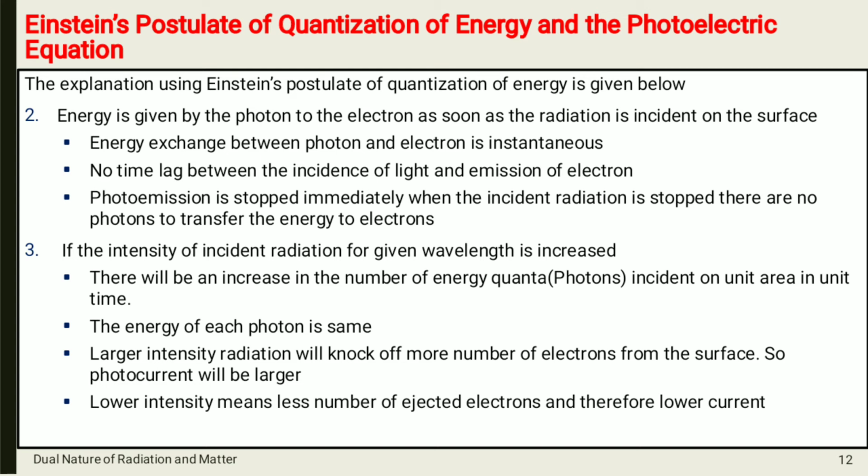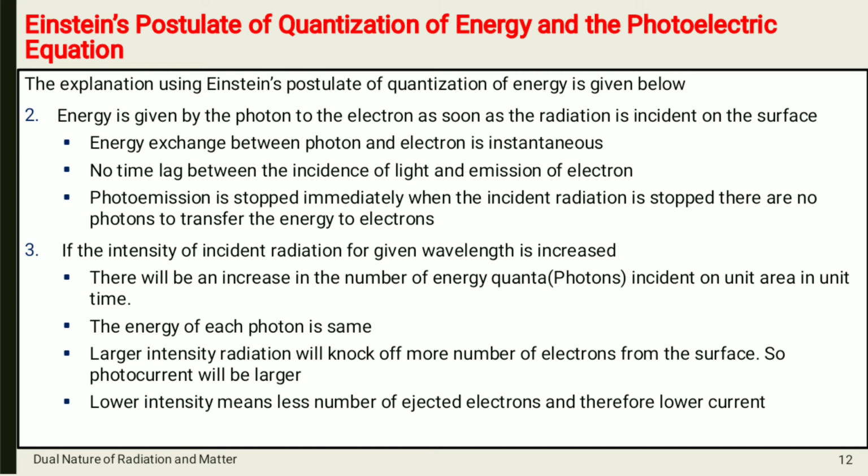Okay. If the intensity of incident radiation for a given wavelength is increased, then what will happen? There will be an increase in the number of energy quanta, that is photons, incident on unit area in unit time. If we increase the intensity of incident light, the number of photons incident on unit area in unit time will increase.